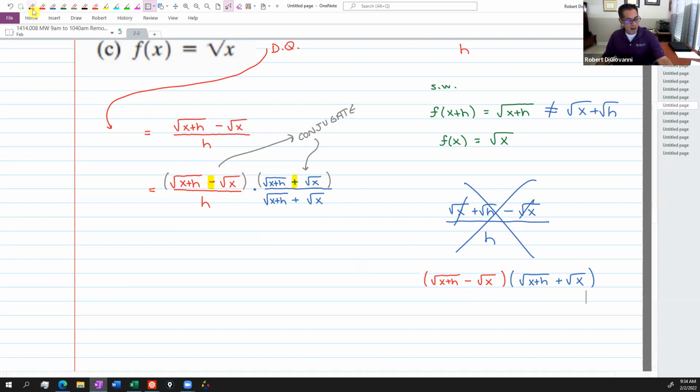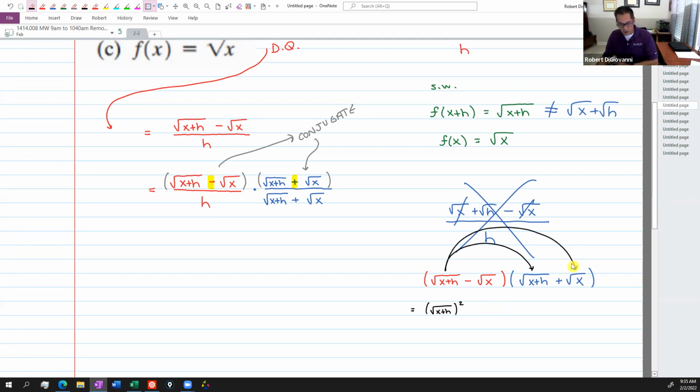So let's talk about what happens here. This times this is the square root of x plus h times itself, which is the same as squaring it. That's my first multiplication. And when you square a square root, it's going to kill the square root off, but I'll do that on the next line. Now let me do the second multiplication here.